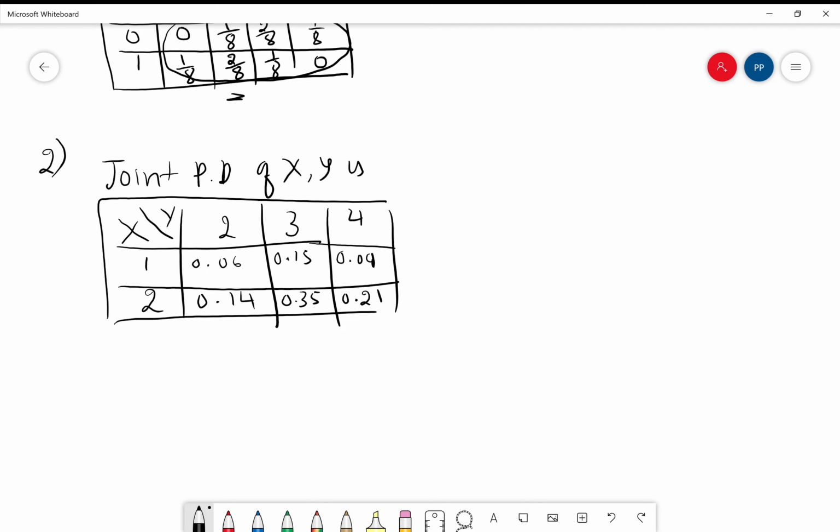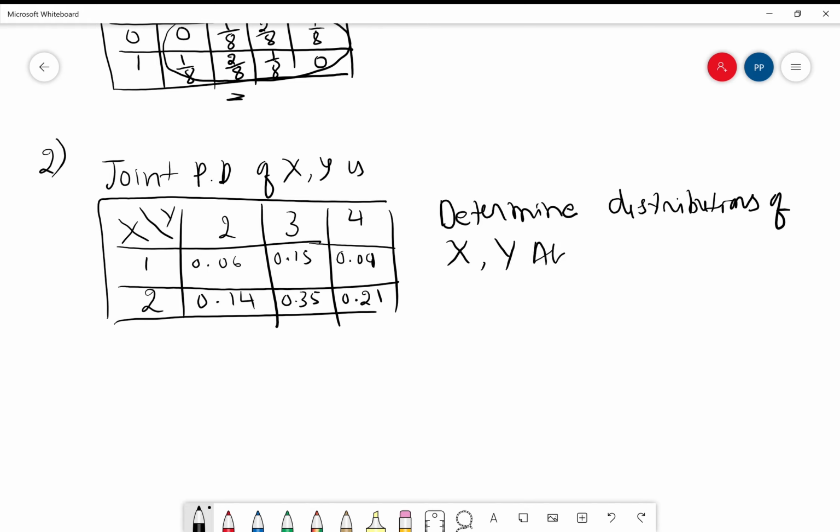Now, determine the marginal distributions of the individual variables x and y. Also, verify that the variables are independent or stochastically independent.